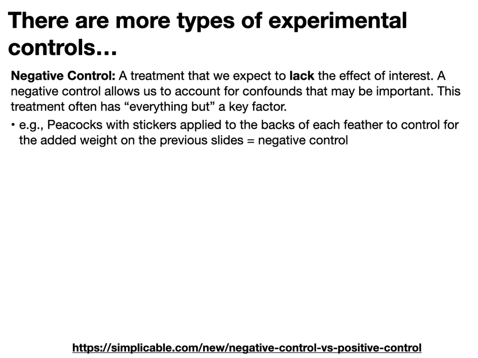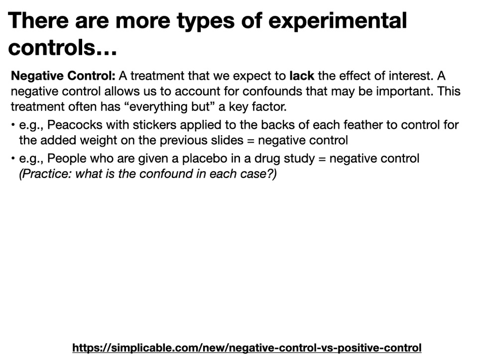The example of peacocks with the stickers on the backs of their feathers is one example. A really good example of a negative control is a placebo in a drug study. A placebo is a pill that's not expected to do anything, but it produces all these other effects that taking a pill might have.